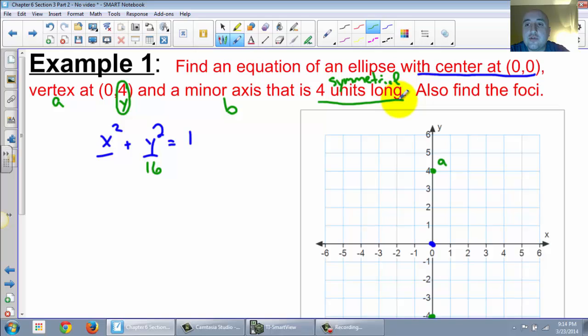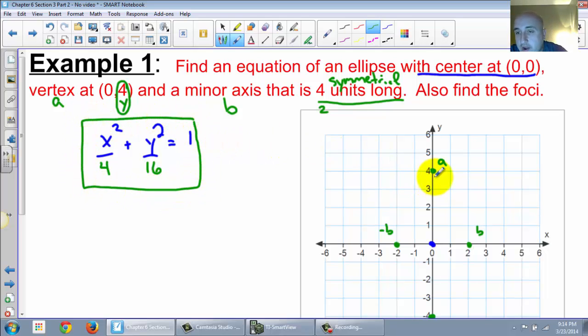So if the whole axis is 4 units long and I divide that by 2, that means 2 on the right and 2 on the left, for a total of 4. Here's our negative b and here's our positive b. So if b is 2, remember half of 4 is 2, 2 squared would be 4. There's our formula, our first answer to the question.